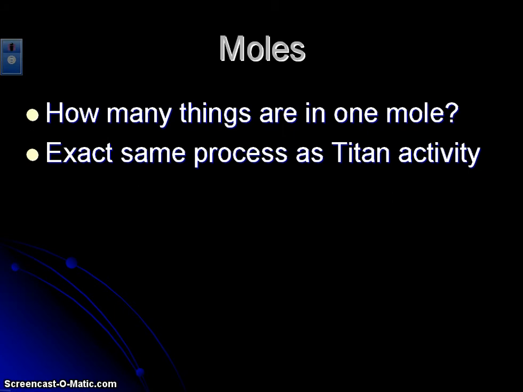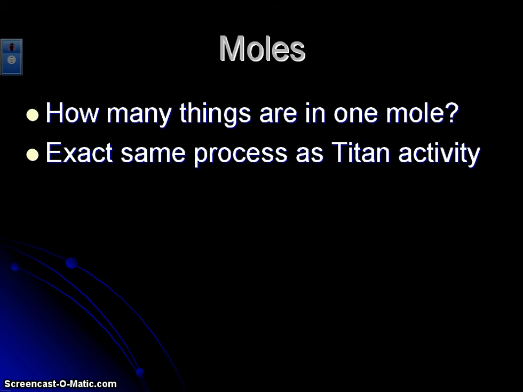This also means that the mass of 1 mole of carbon atoms must be, by definition, 12.01 grams. So let's see if we can figure out how many carbon atoms are in 12.01 grams. We know the mass of one carbon atom, and we also know the mass of the group, or the mole, of carbon atoms. So we need to get the units to agree.